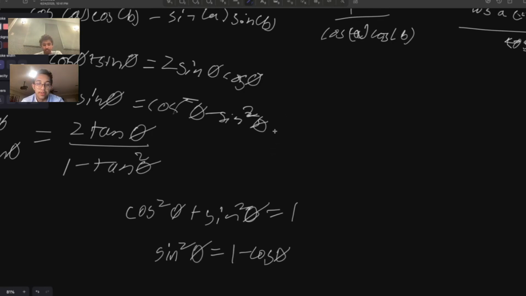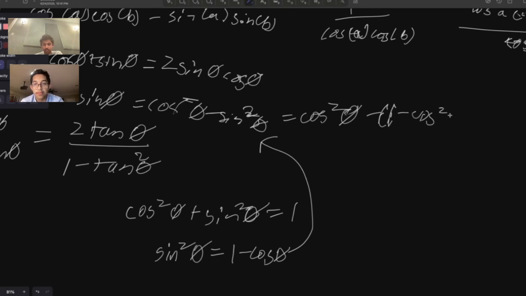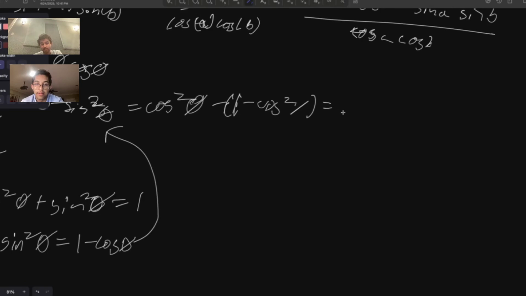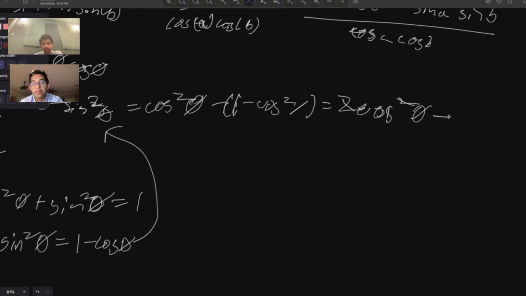And that's where you get it, because you just plug that in: cosine squared theta minus 1 minus cosine squared theta, and you get 2 cosine squared theta minus 1.